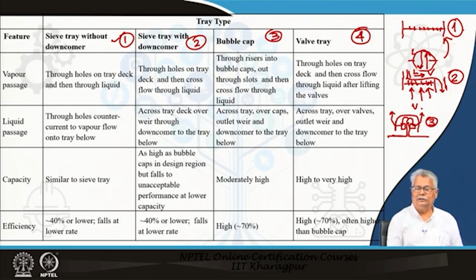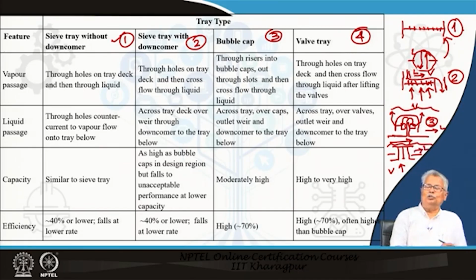In case of the valve tray, you basically have a disc with 3 legs which protrude inside a hole, and you have the vapor going up and the liquid cross flowing over this. This is definitely immersed in liquid. You have the liquid flowing this way.